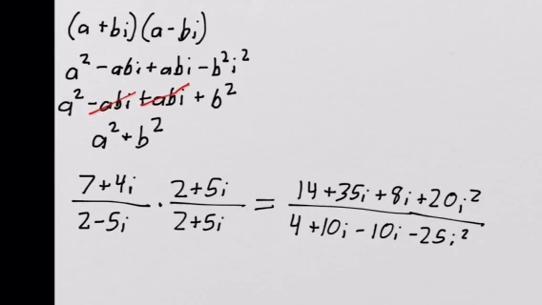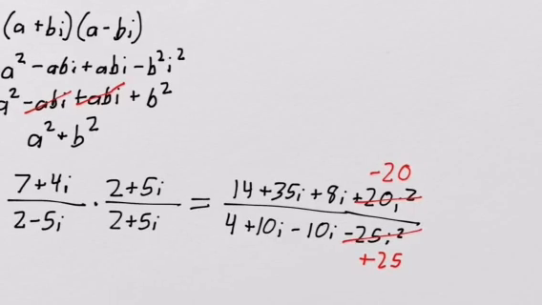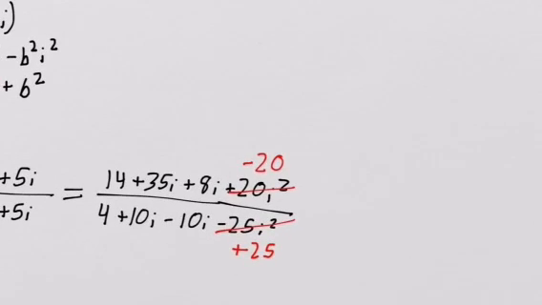I am going to go ahead and cross out this plus 20i squared and write minus 20. And cross out this minus 25i squared and write plus 25. That's applying the fact that the i squared term is equal to negative 1. So now I'll go ahead and combine like terms.